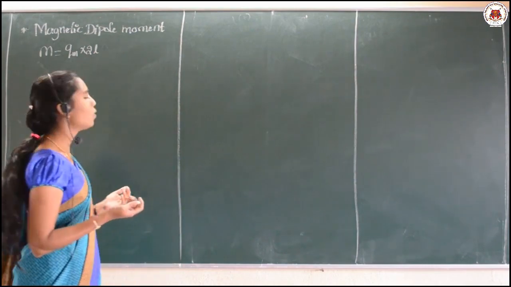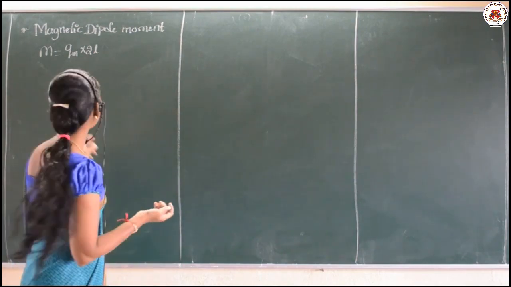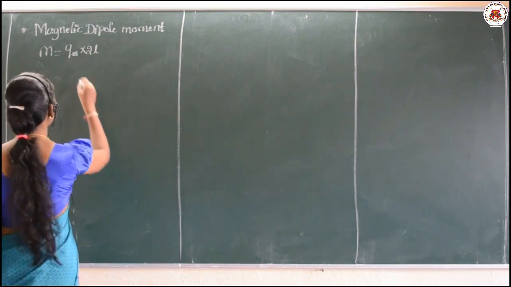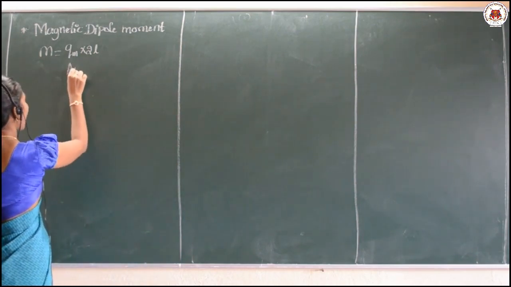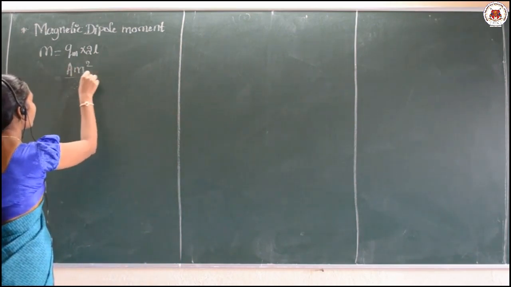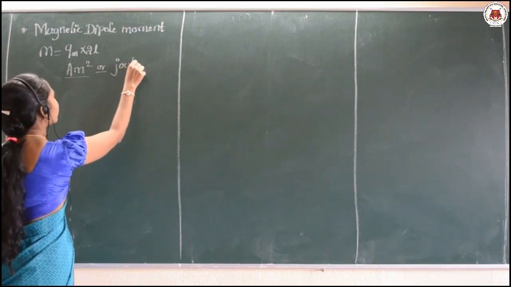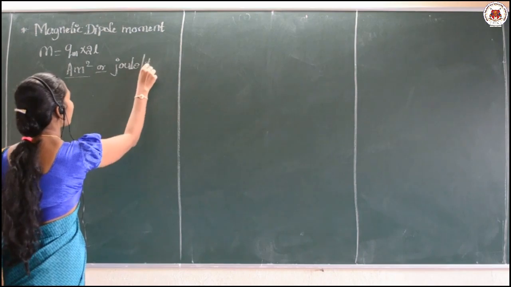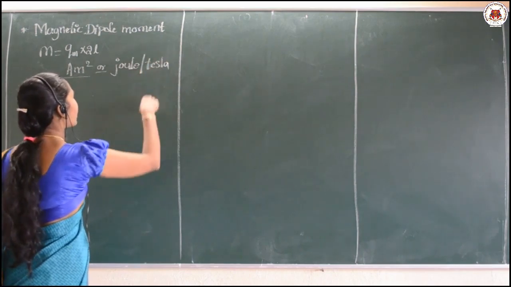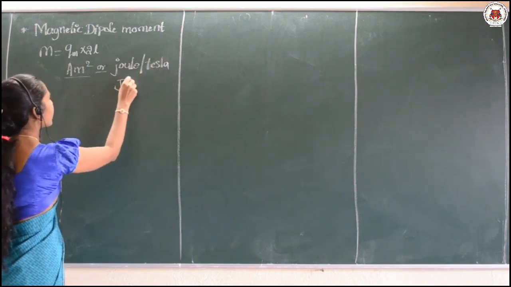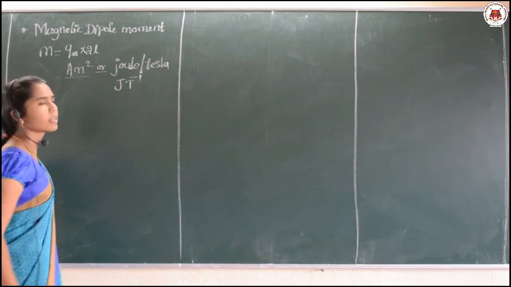And as you know, the SI unit of the magnetic dipole moment is ampere meter square, or you can write it as joule per Tesla.